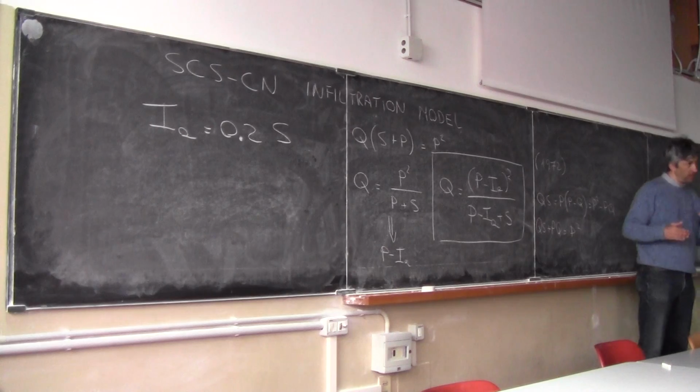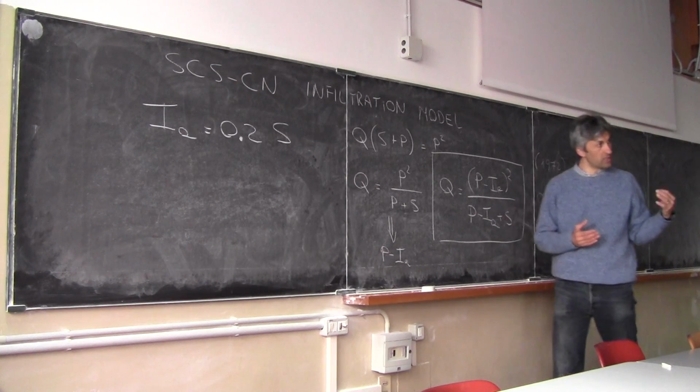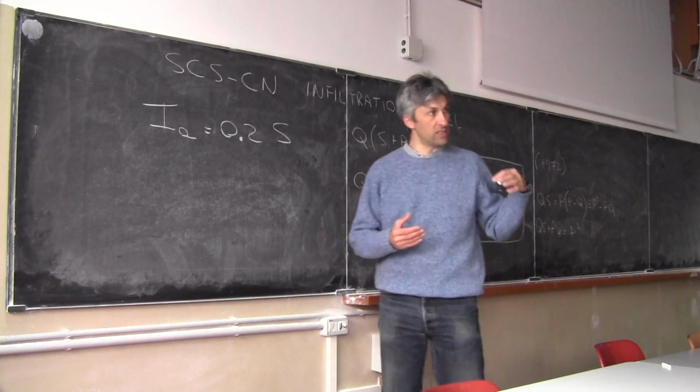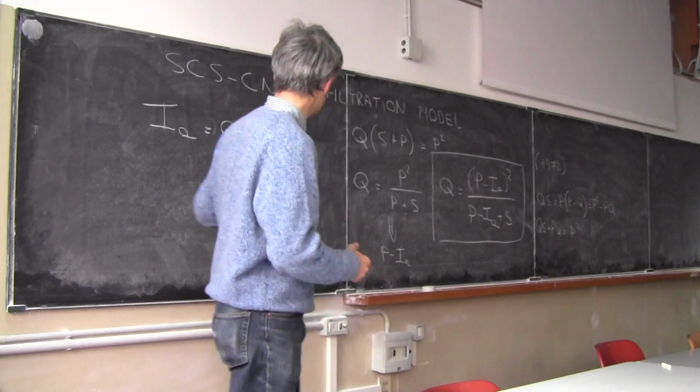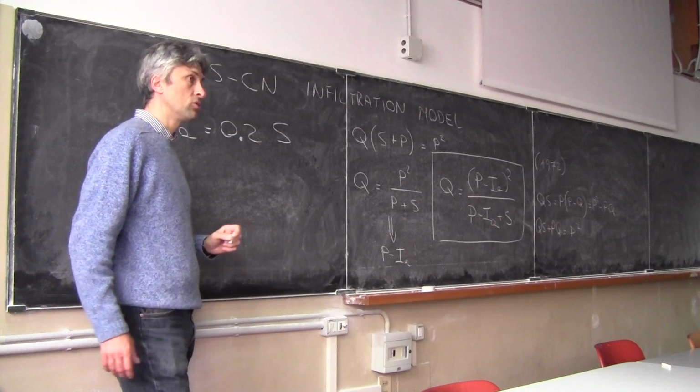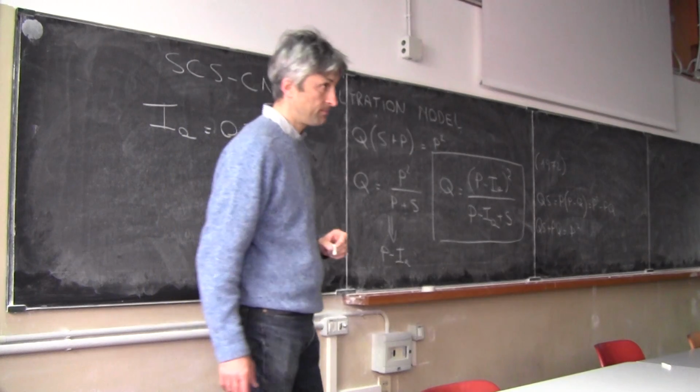It means that a rainfall event, to be able to trigger some Q, some surface runoff, must exceed the quantity 0.2 times S.